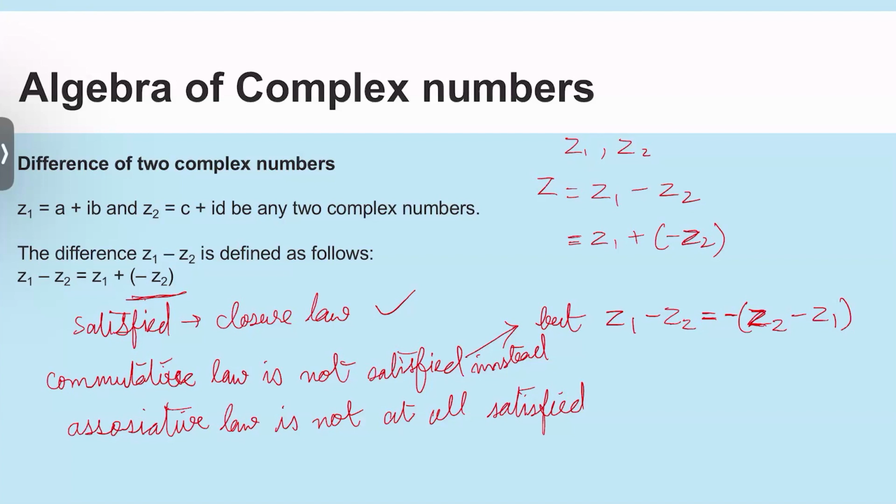One important part is that when we find the difference, you add the additive inverse of the second number. This is how the difference of complex numbers can be found easily. Today we have done two operations with complex numbers: the addition and the difference.